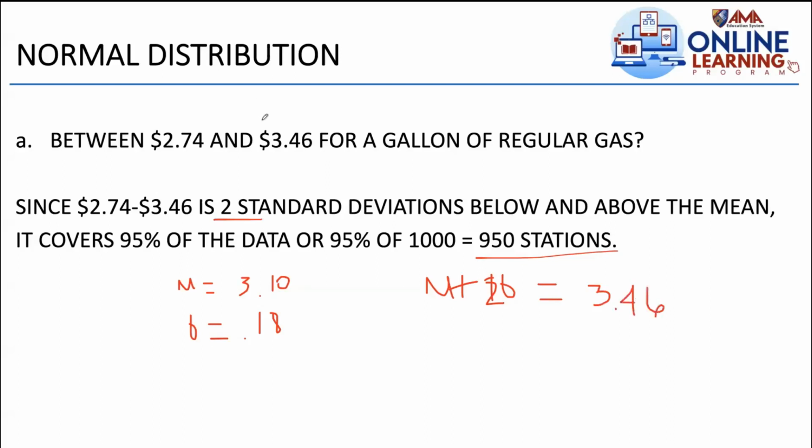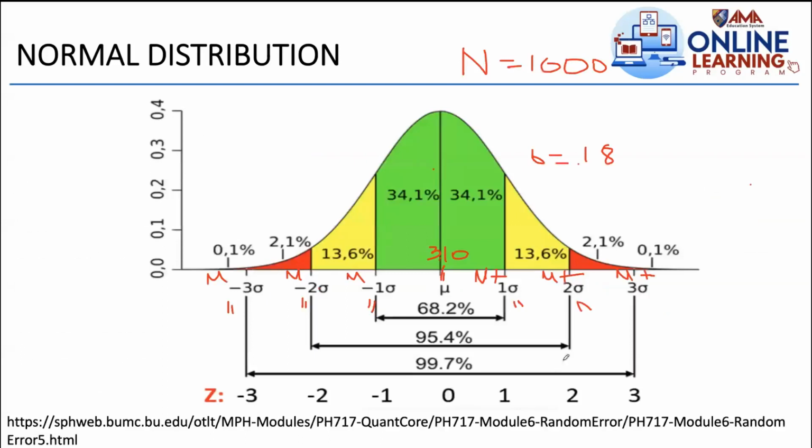And you notice we have 3.46 here. So that's why now we can write this as 3.46, no? Going back to the graph, this mu plus 2 sigma is equal to 3.46. But how about the mu minus 2 sigma? What is that equal to? Just compute again.